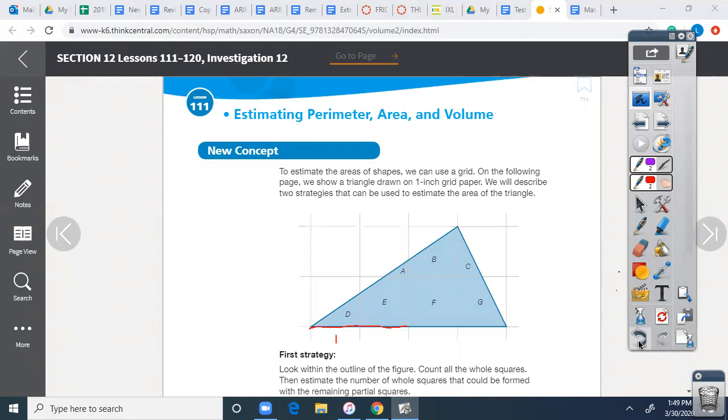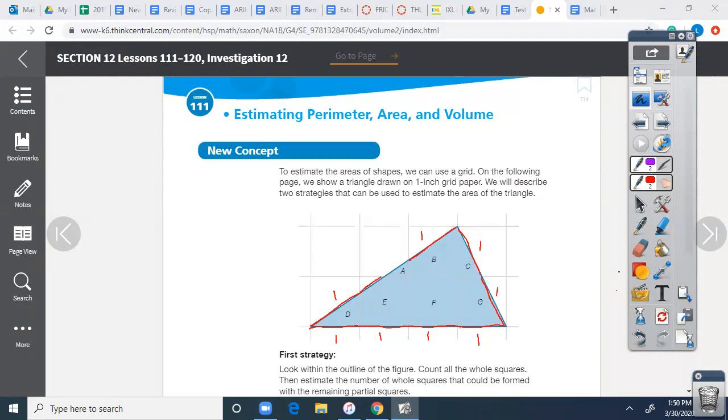And then it goes from here to here, that's 1. From here to here, that's 1. From here to here, that's 1. From here to here, we're not really sure, but it's probably about 1. It looks like it's about the same length as that one, so we'll put a 1 there. Same with that one, it's about 1. This one, it's about 1. We're going to skip that, and we'll go down here. This one is about 1.